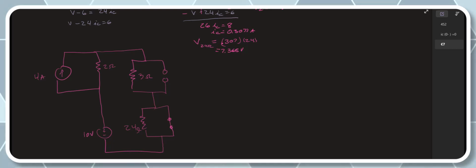So our current here has to be 4 amps. The current here has to be 4 amps. Alright, so we know that. We know the current will be traveling through this path. We have that node. We have that node.